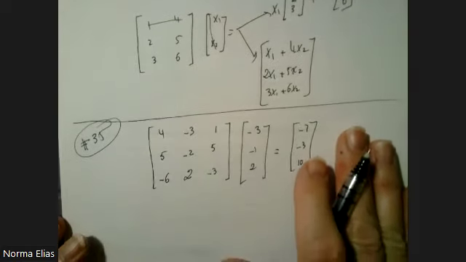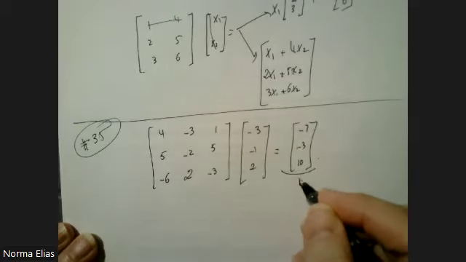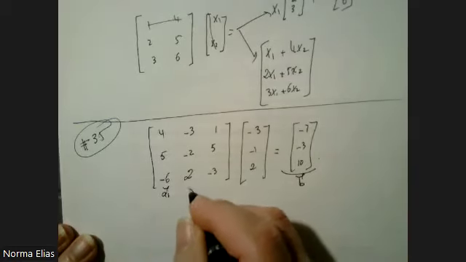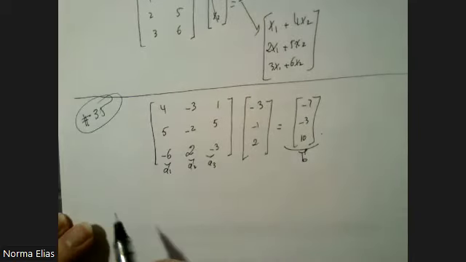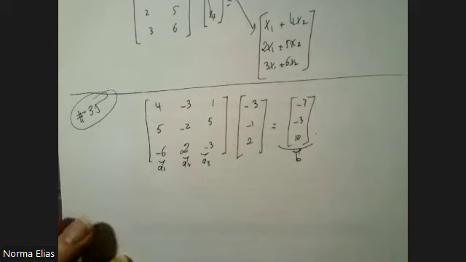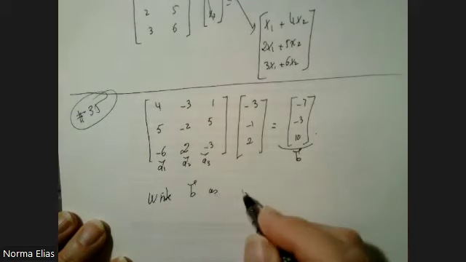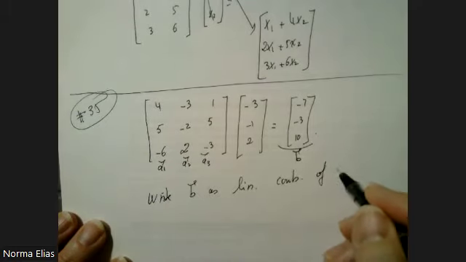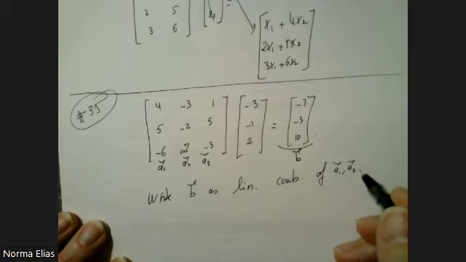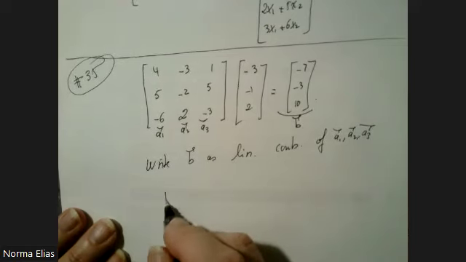Okay, and the question is the following. This is the vector B. This is A1, A2, and A3. We write B as a linear combination of A1, A2, and A3. So what are they looking for?